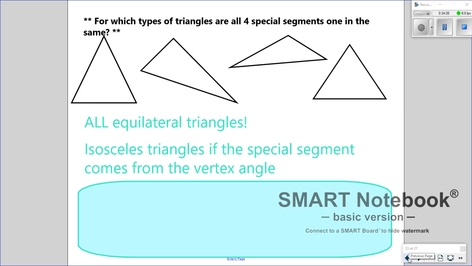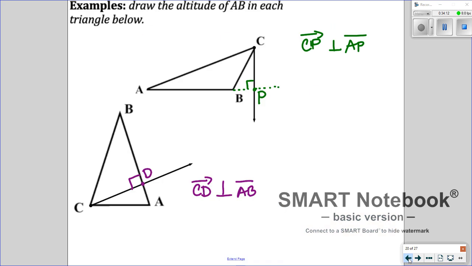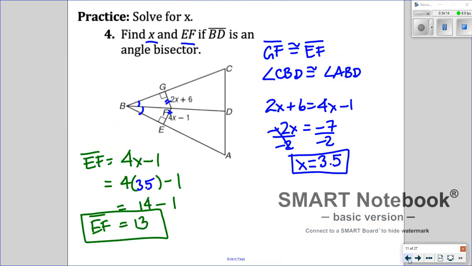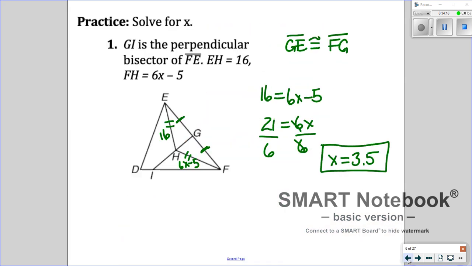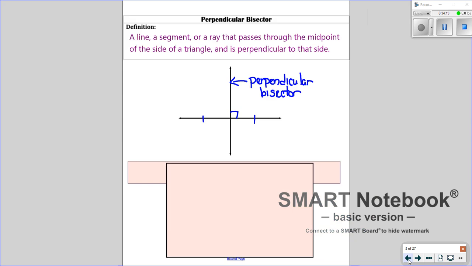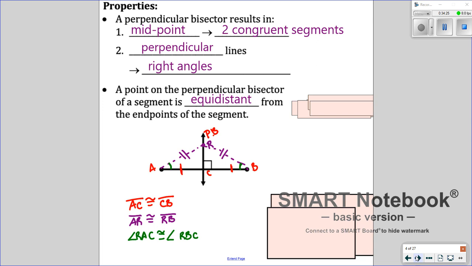All right, so we reach the end, and I'm just going to do a quick recap. So we learned about the different types of special segments. Perpendicular bisector basically is going to create 2 congruent segments and right angles.